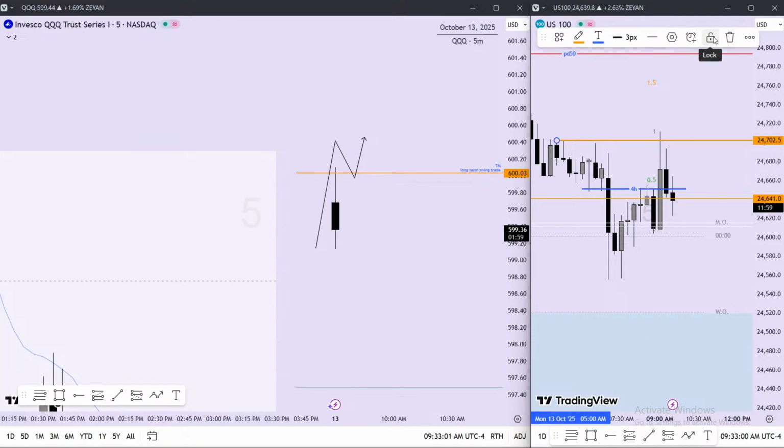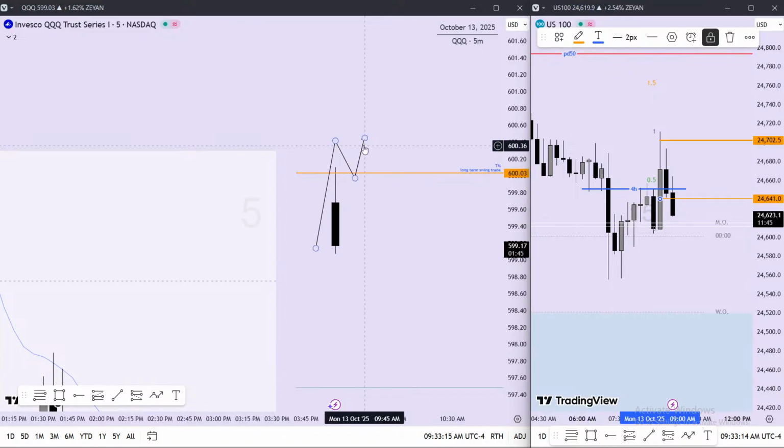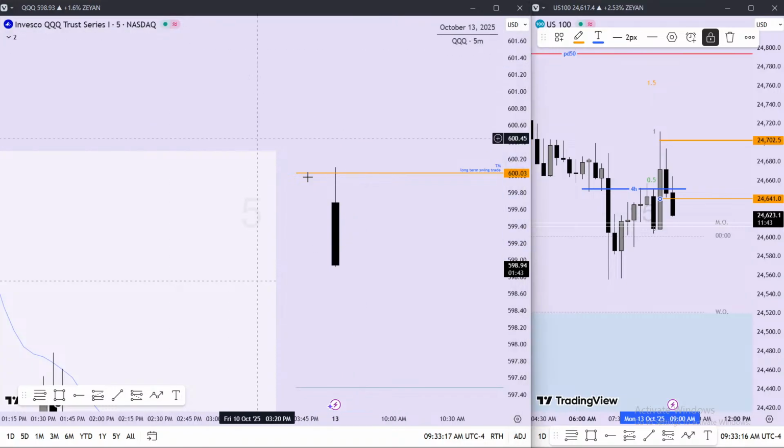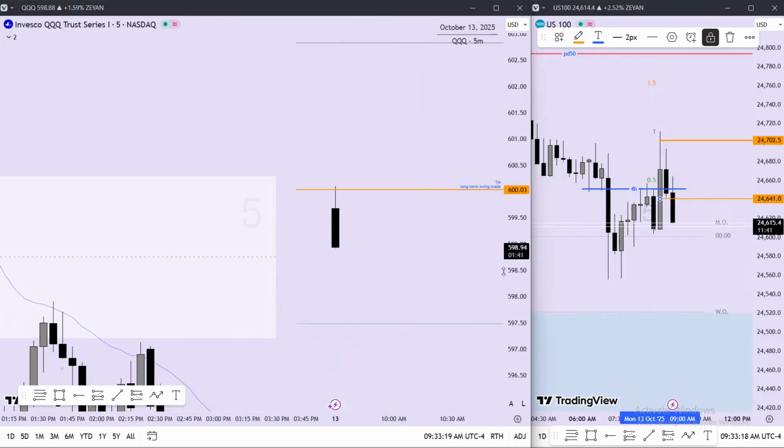Let's drag this to this point, so we do not have a messy chart. It's better to not assume any directional bias as of now.